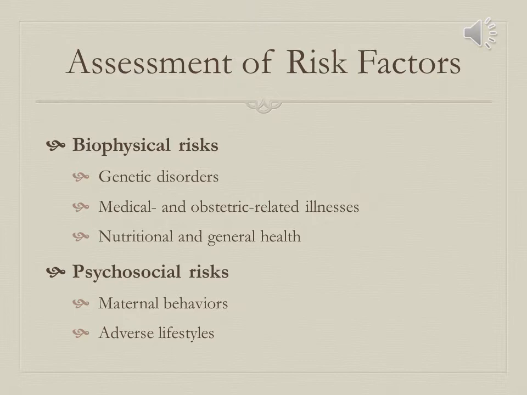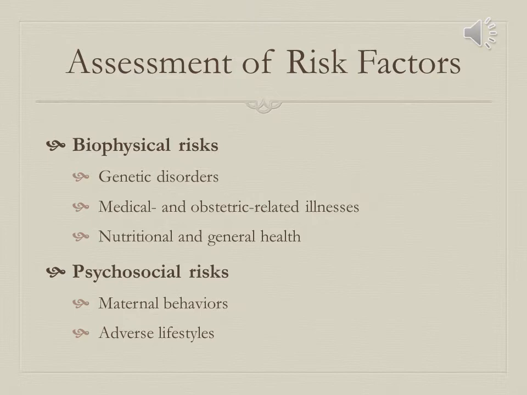Smoking has shown a strong correlation to the risk for growth restriction and low birth weights in our babies. And something that seems relatively simple, like consuming more than 200 milligrams of caffeine, has actually been studied and seen associations with growth restriction and miscarriage.